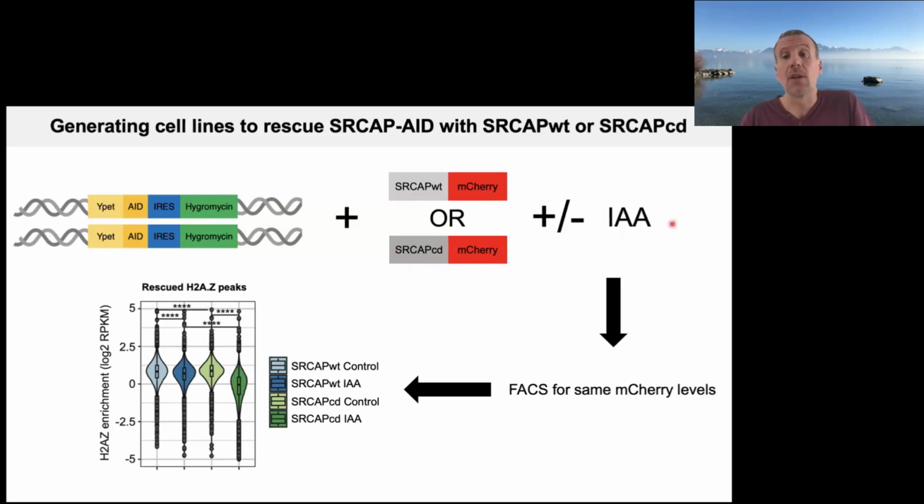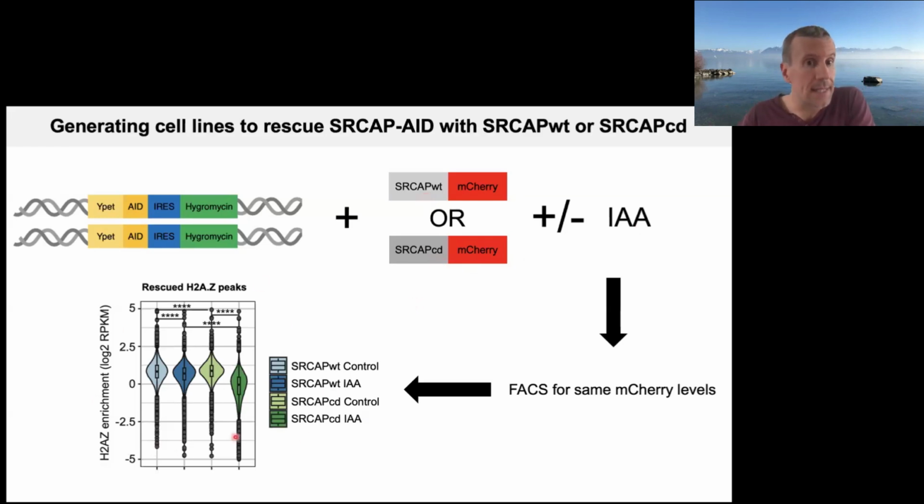So now these cell lines can be treated with or without auxin, and we can then FACS the cells for the same mCherry level to make sure that we are really comparing cells that have the same levels of SRCAP. What we expected to see is that if we express the catalytically dead SRCAP, we would not restore H2A.Z levels if we treat cells with IAA, while the wild-type SRCAP should rescue these levels.